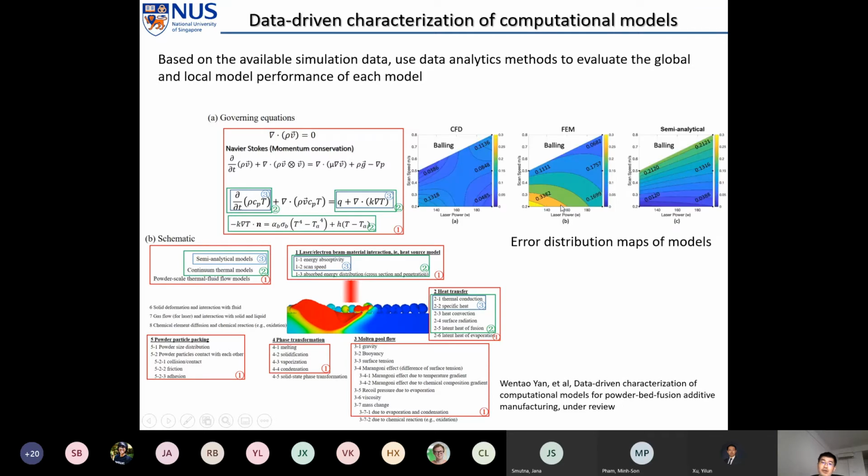So this error map can provide guidance to the end users on how to select a model and what their expectation of the accuracy is, and also can provide guidance for the researcher in modeling, like which physical factors are significant and which modeling assumptions are not reasonable and will introduce large inaccuracy.